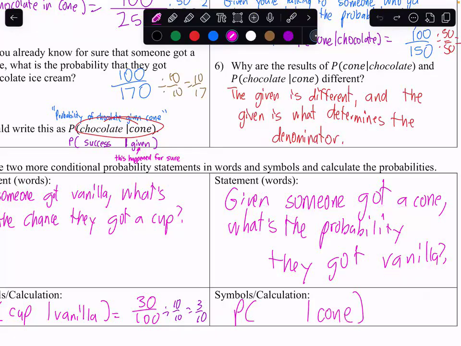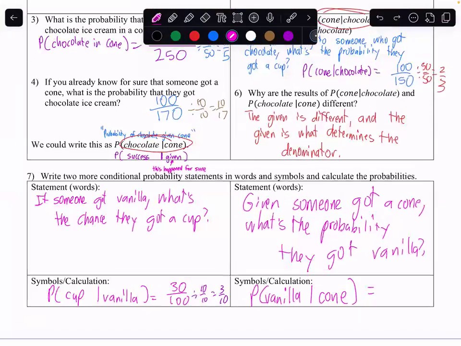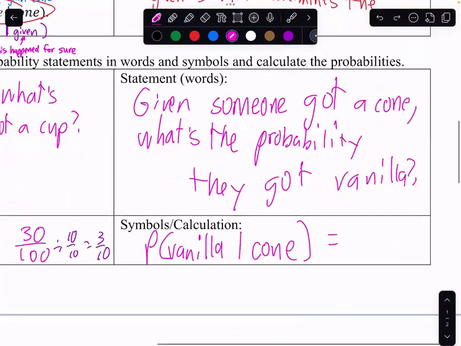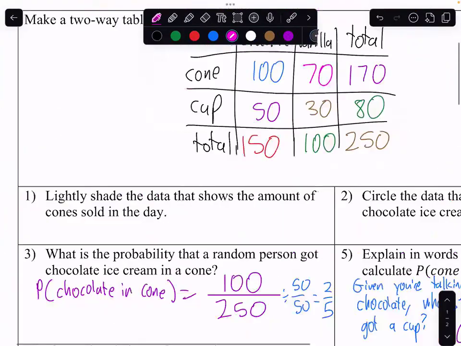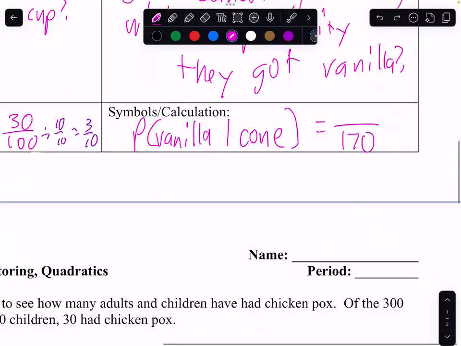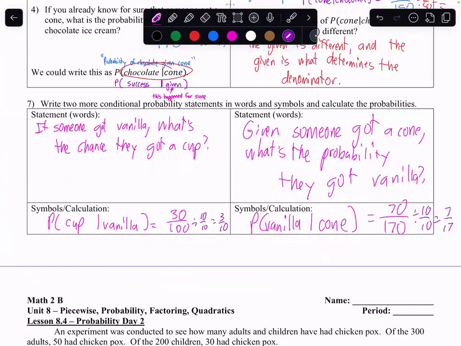What I'm not sure about is whether they got vanilla. The denominator comes from the given, so I'm only allowed to talk to people who got cones. So I can talk to any of the 170 people who got a cone. Of those 170 people, 70 got vanilla. Again, it's likely that you pick something different than me, but that's the idea. So questions on anything here?